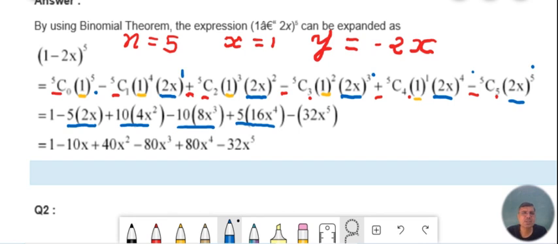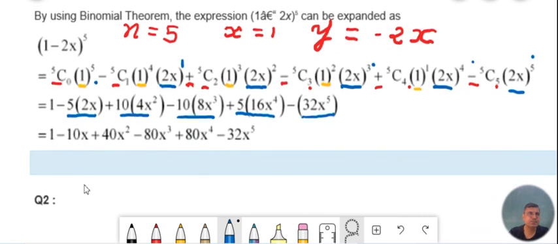If you observe, this is nothing but the Pascal triangle, 1 5 10 10 5 1. You can compare that, but if you don't remember, don't worry, you can use 5C0, 5C1, 5C2 and so on. Then finally 2 raised to 5 is 32, x raised to 5, and this is your final answer, just multiply it. So this is the expansion of (1 minus 2x) raised to 5.